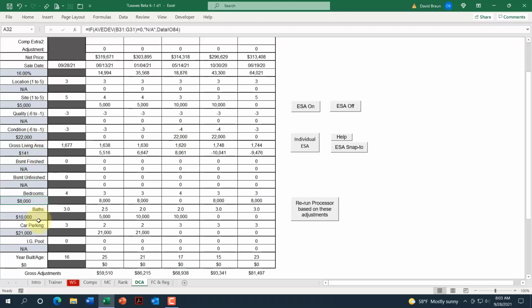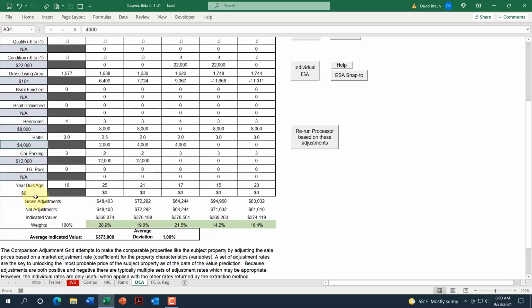The bedrooms, I don't think that's bad. The baths, I normally don't use 10 in this market. I might put maybe 4,000. And in this price home, I don't think in age, the garages add 21,000, so maybe I'll put 12,000.